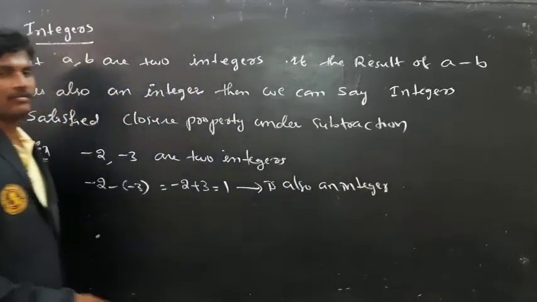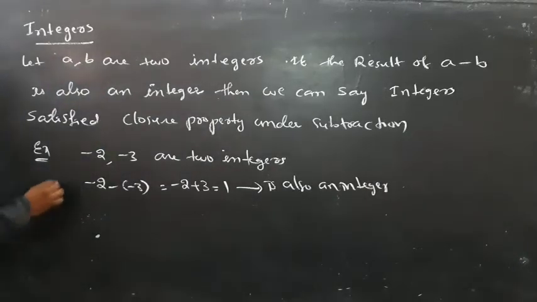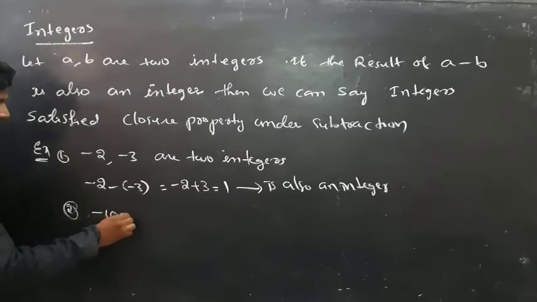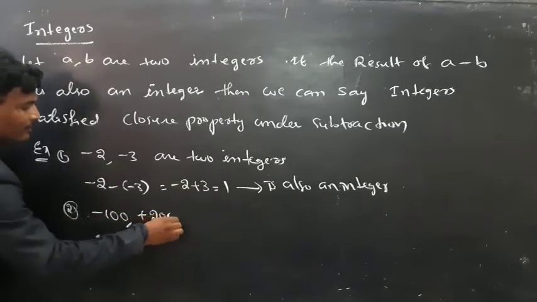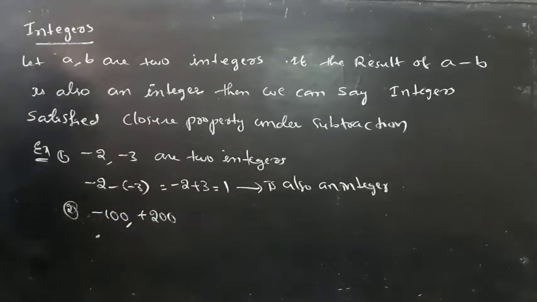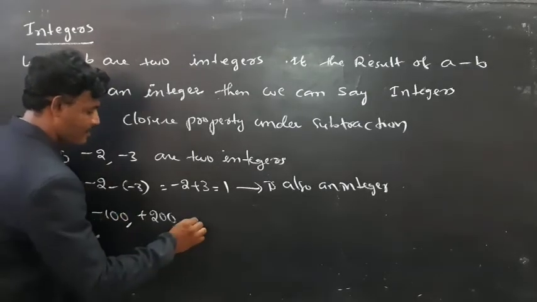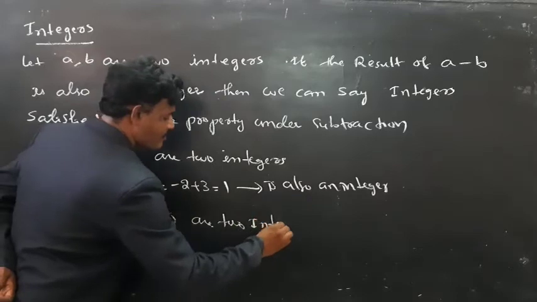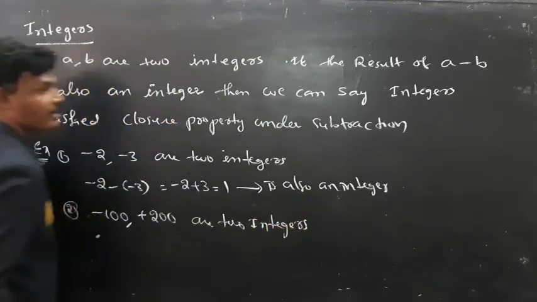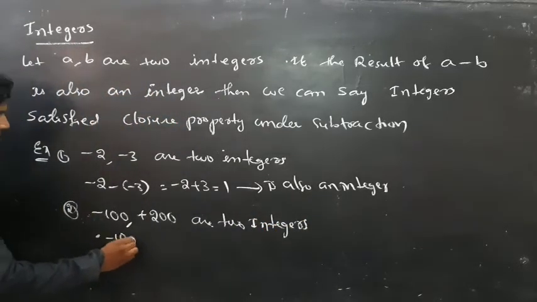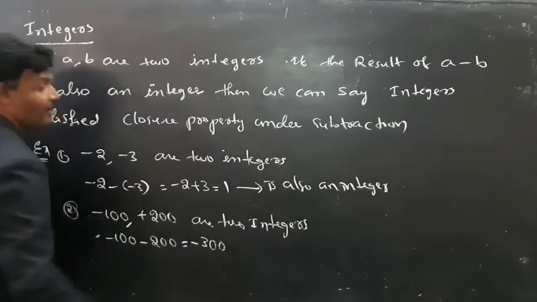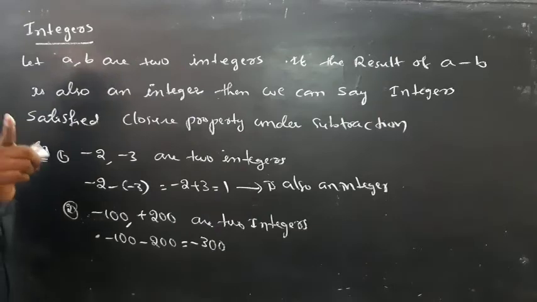Next, example 2. Here I am taking minus 100 and plus 200. Then I need the value of minus 100 minus 200 is equal to minus 300. Minus 300 is also an integer.